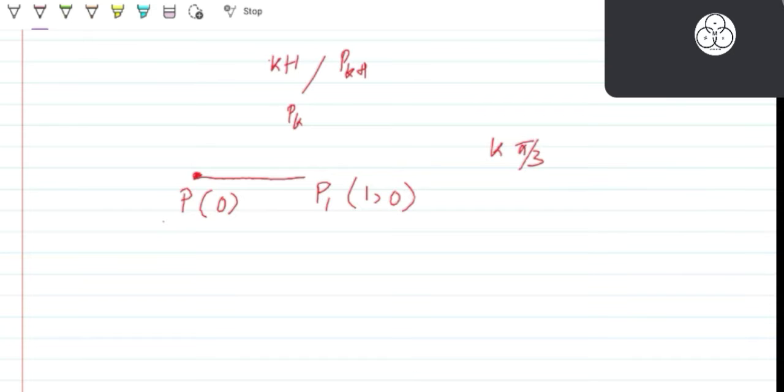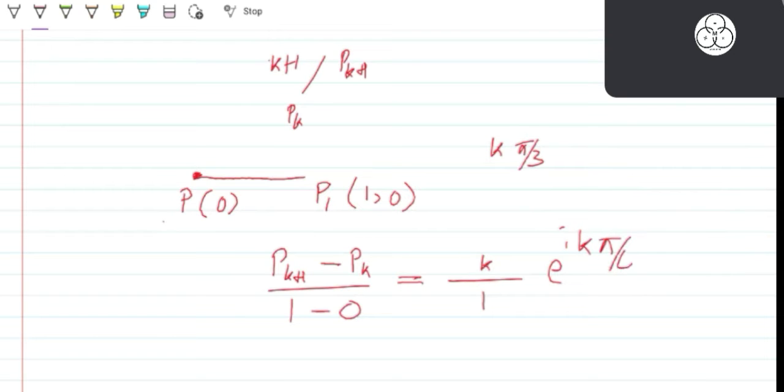Now we will apply rotation of complex numbers here: Pk plus 1 minus Pk, and this is a real number. P1 we know is 1, and P is 0, and their magnitude is also 1, and this is k. Their magnitude is k, e to the power iota k pi by 6.